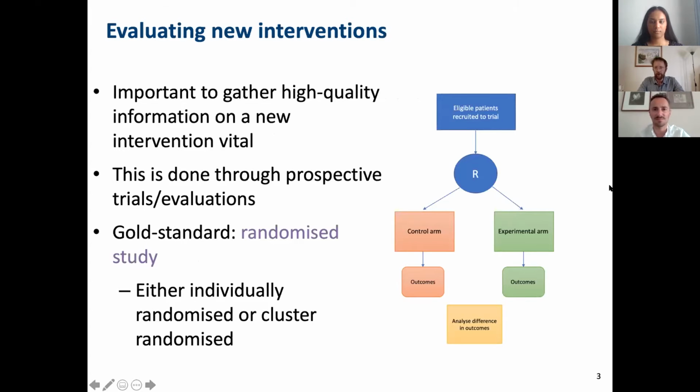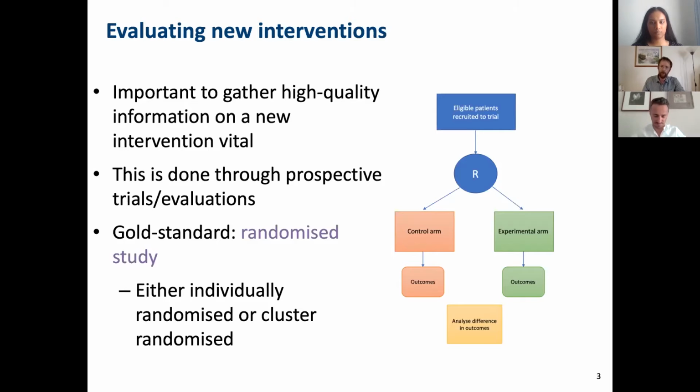When you have a new intervention in education, I'm sure as in health, it's really important to gather high quality information on whether it is useful or not, whether it provides benefits. The highest quality of evidence comes through prospective trials or evaluations, with the gold standard being a randomized trial.